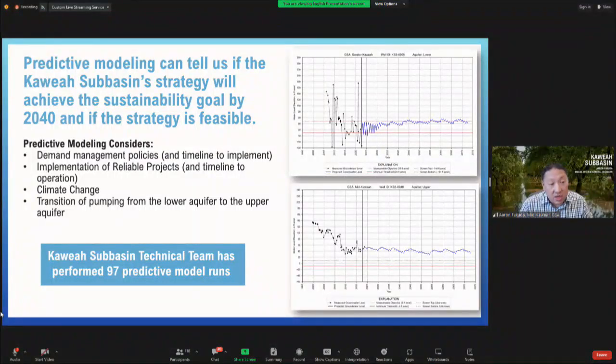All of that data was input into the model, and 97 predictive model runs later, we were able to achieve sustainability. The hydrographs to the right here show an example of what that sustainability looks like in the groundwater levels. So you're seeing us achieve our measurable objective, which are those lightly dotted red lines on the hydrographs, and we're staying away from our minimum thresholds. Next slide.